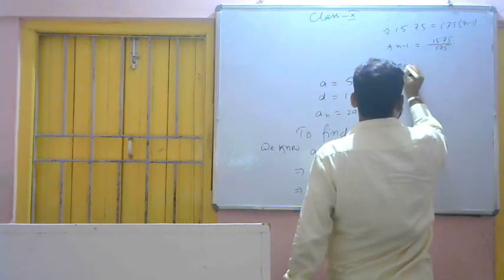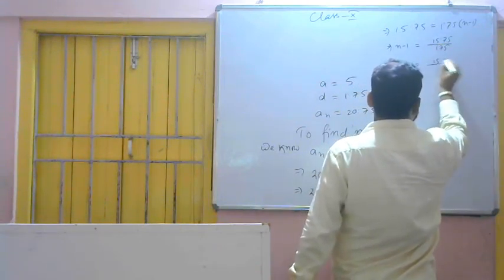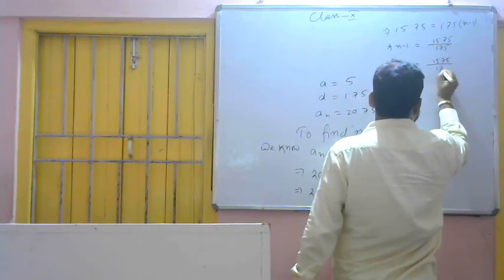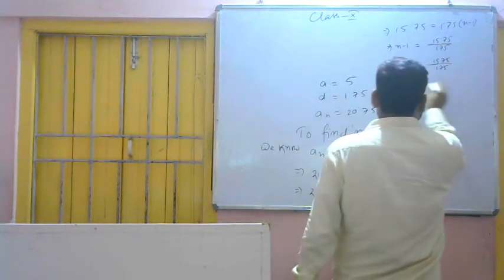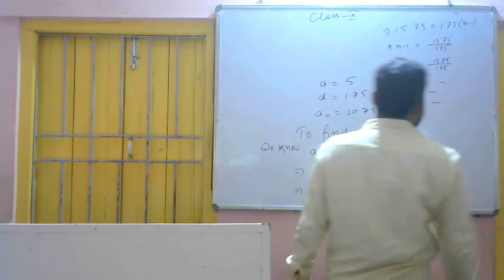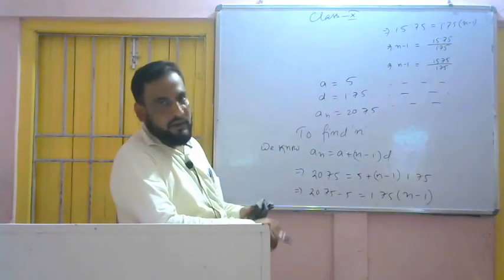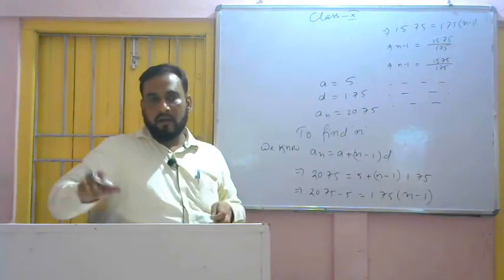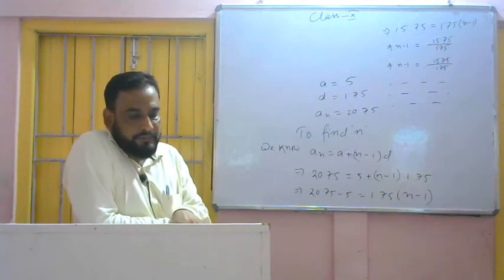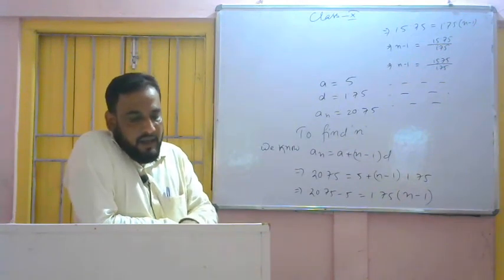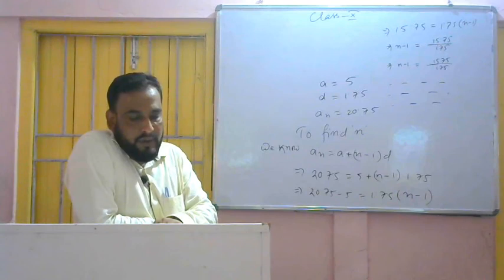Now you see, n minus 1 is equal to 1575 by 175. Okay. Now you find out n. Reduce it, then find n. And this is up to today's class, and here 5.2 we have completed.